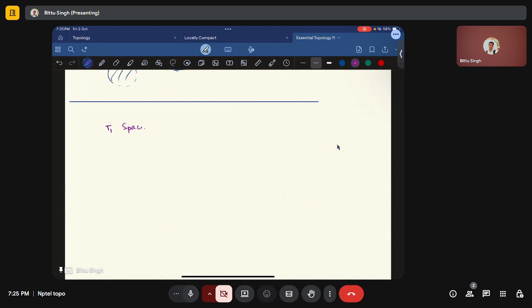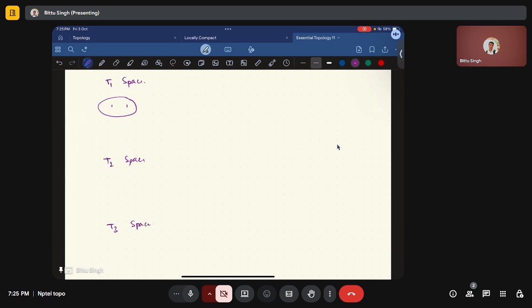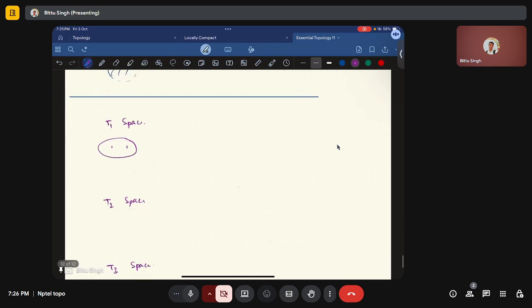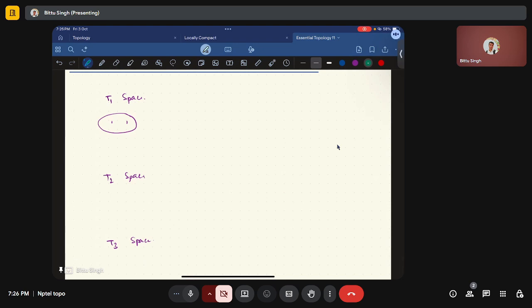T1 spaces, T2 spaces, T3 spaces, and another is T4 spaces. Those are our separation axioms. So for a T1 space, it means for two distinct points x, y, there should exist some open set separating one point from another, and also the reverse one.